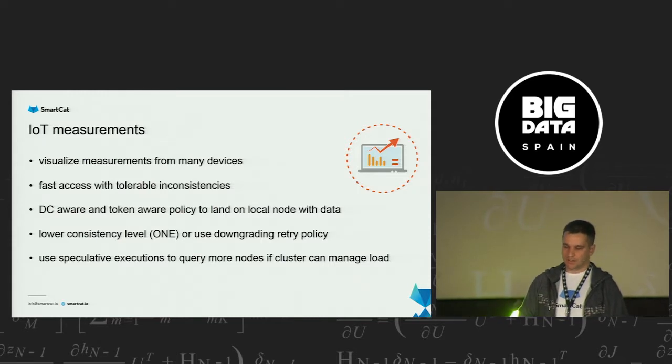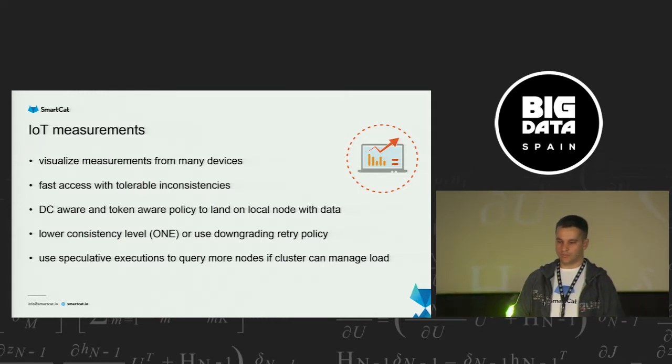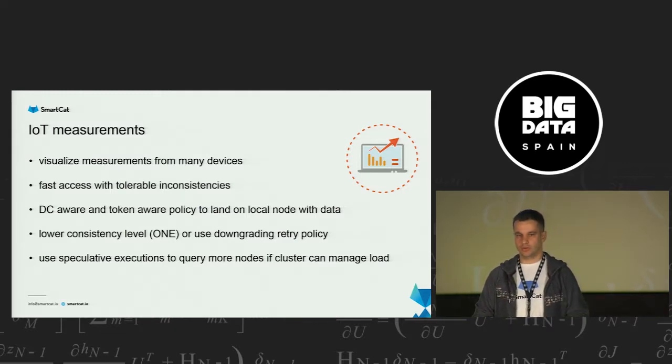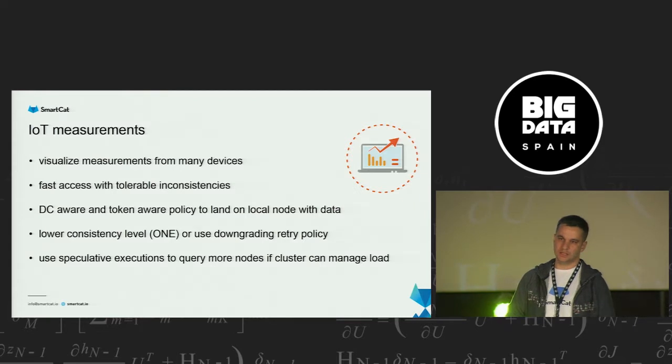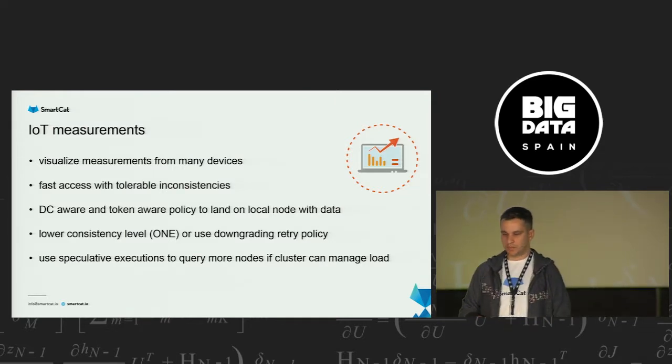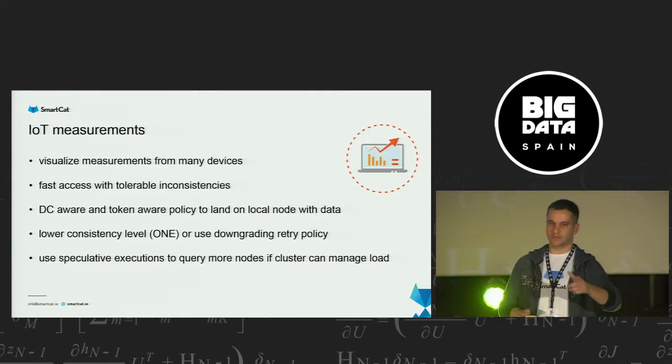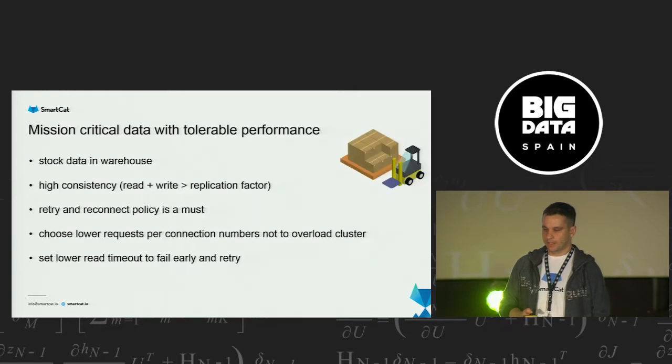As a last thing, if you need additional performance, you can use speculative execution to query more nodes than 1, and this way you will avoid nodes which have currently load on them and problems. So keep in mind that speculative execution can prematurely, without network hop, do additional requests to cluster.